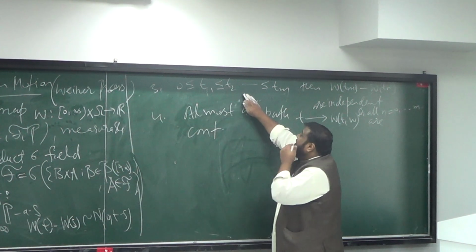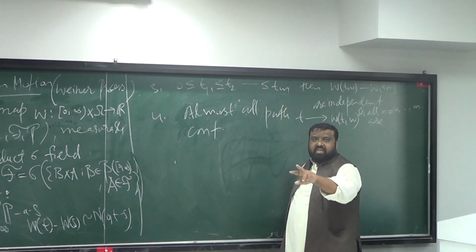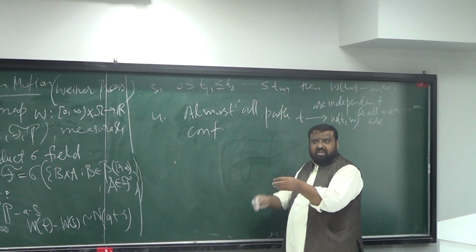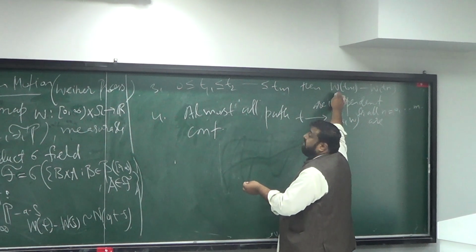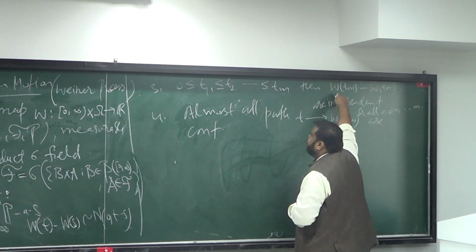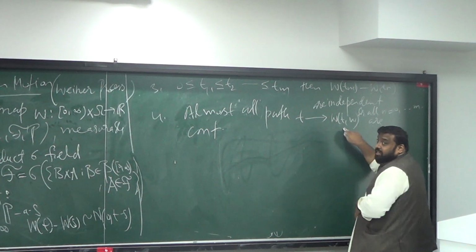If you take a finite number of increments, all of the increments are independent of each other. And almost all paths of it are continuous for the entire time.